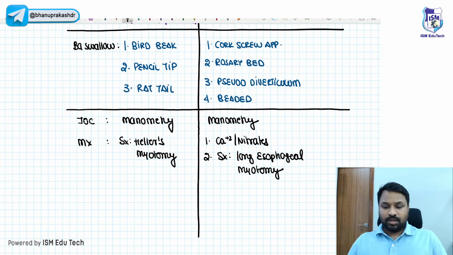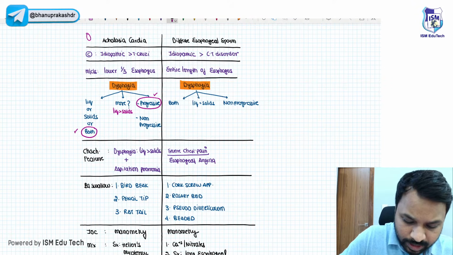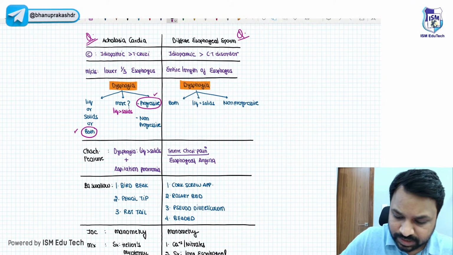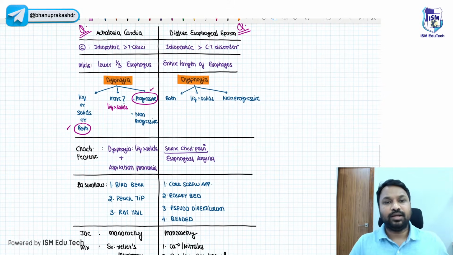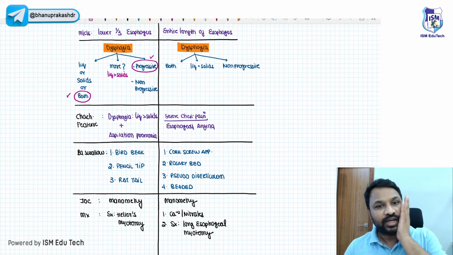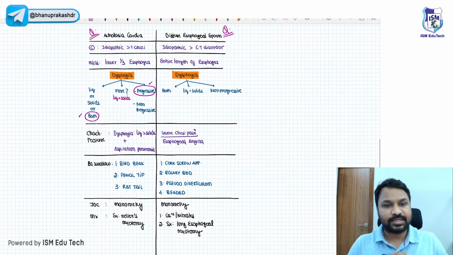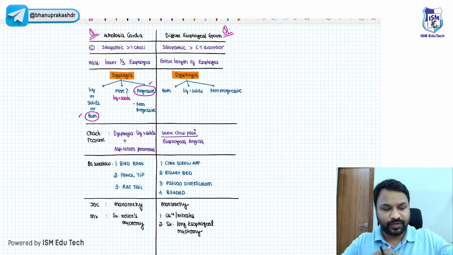So again, this table is absolutely important from the exam perspective between achalasia cardia and diffuse esophageal spasm. Clear, guys?